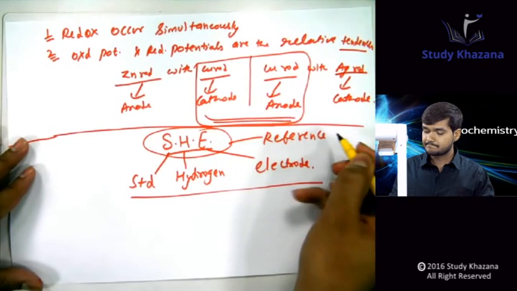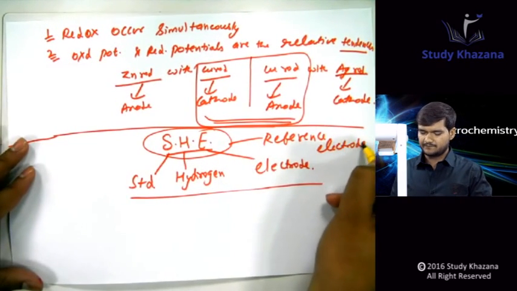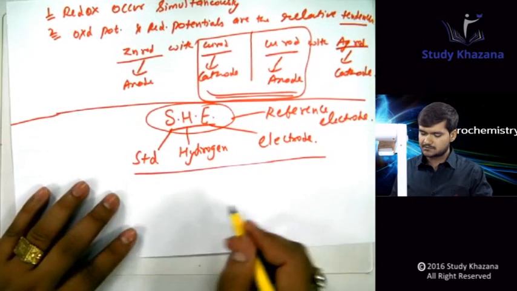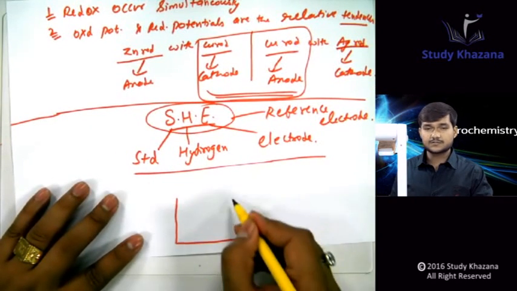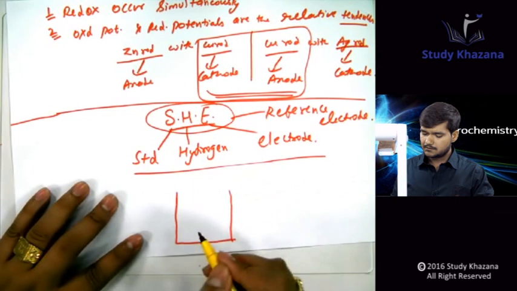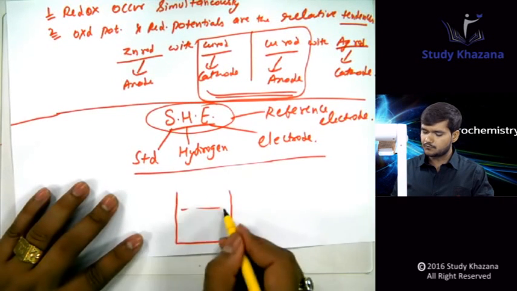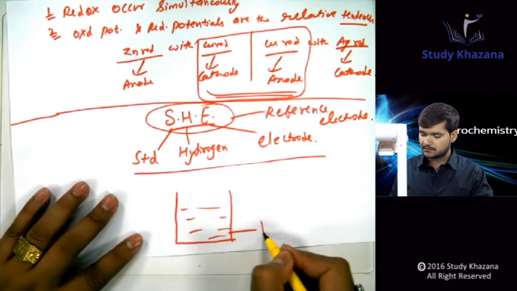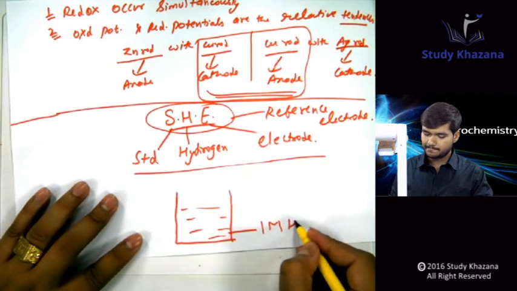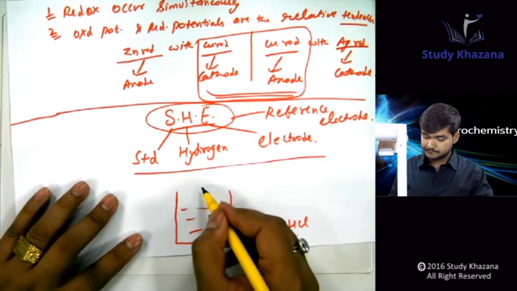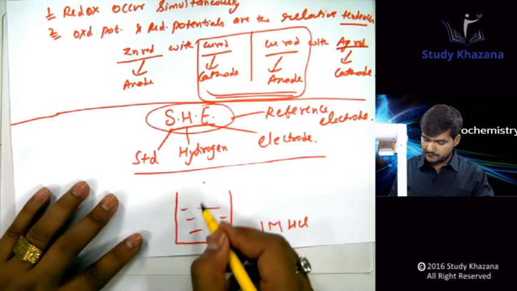Now what is the construction? First I will tell you the construction of this standard hydrogen electrode. Here 1 molar HCl is taken, and an inverted test tube.